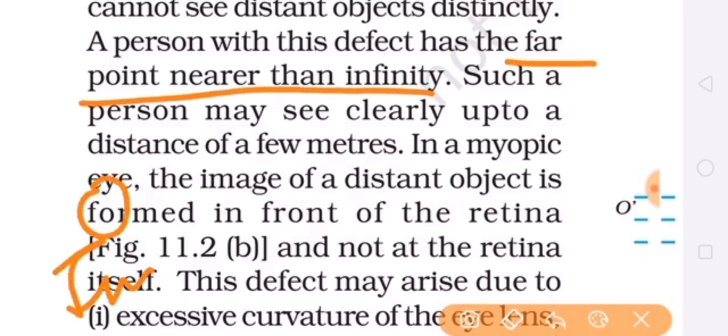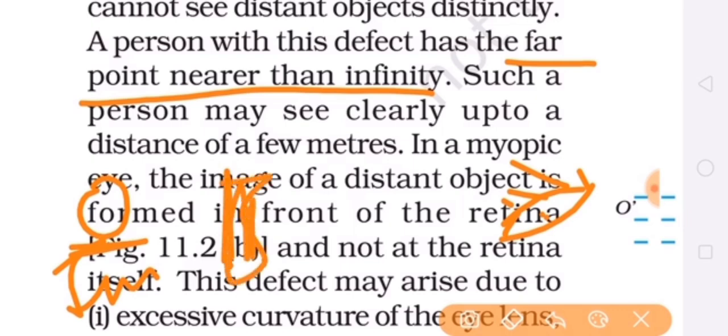So this is the main point here: if the object can be seen at infinity, it is a normal eye. But if the person has myopia, his far point is not infinity. It becomes some other point which is nearer than infinity. Then we can say the person has the defect which is called myopia.